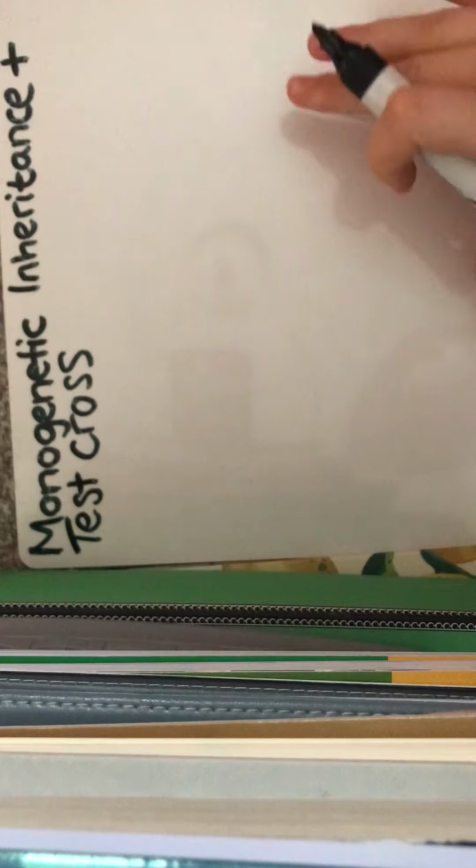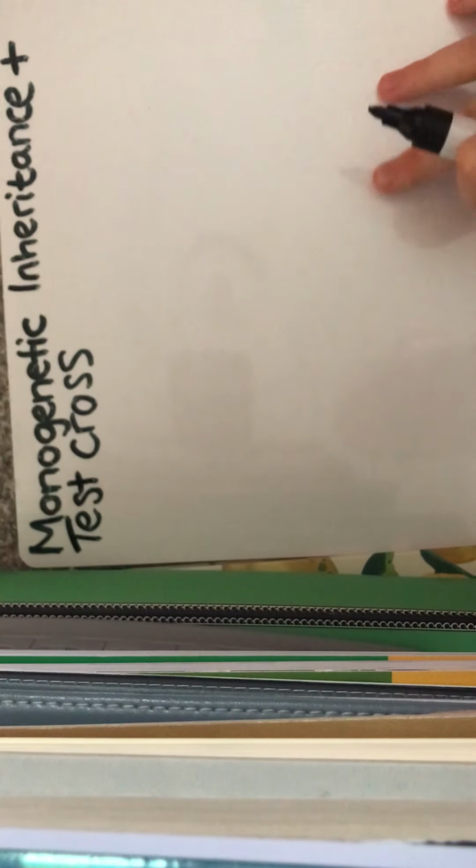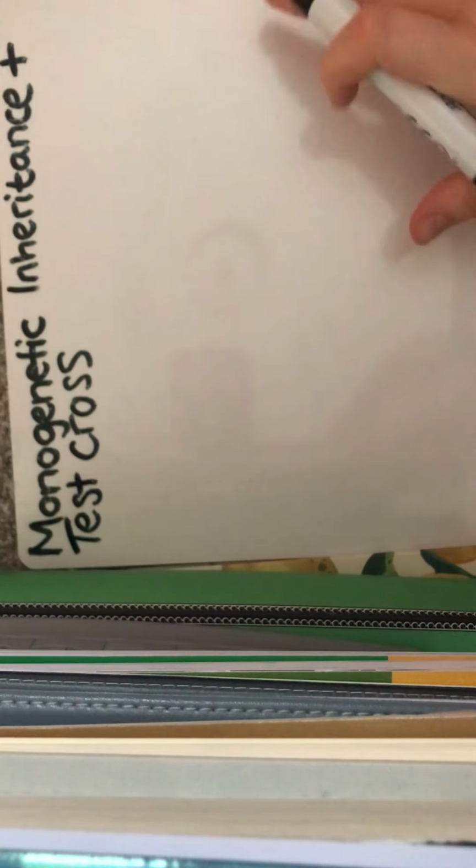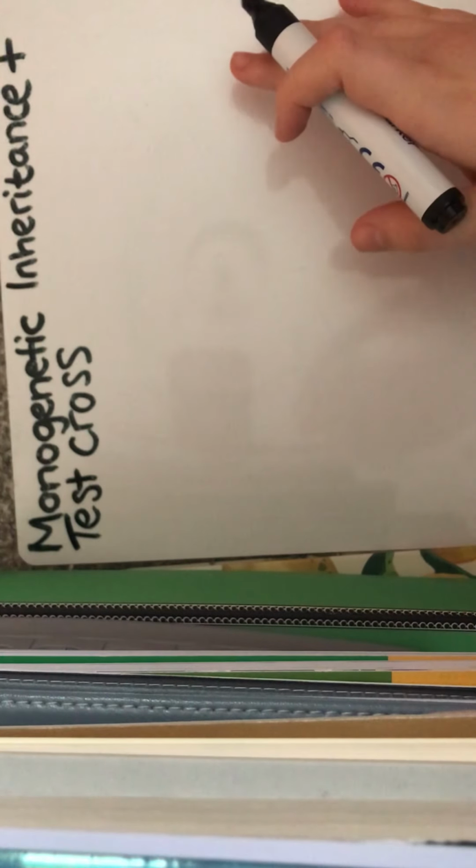When we're talking about monogenetic inheritance, we're talking about just one characteristic, and this can be shown in a monohybrid cross. So if we were looking at plants, we could have tall stemmed plants or short stemmed plants, and we would represent this by letters that can either be uppercase or lowercase.